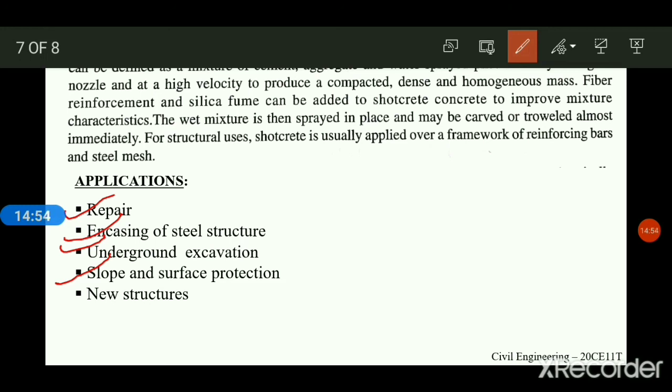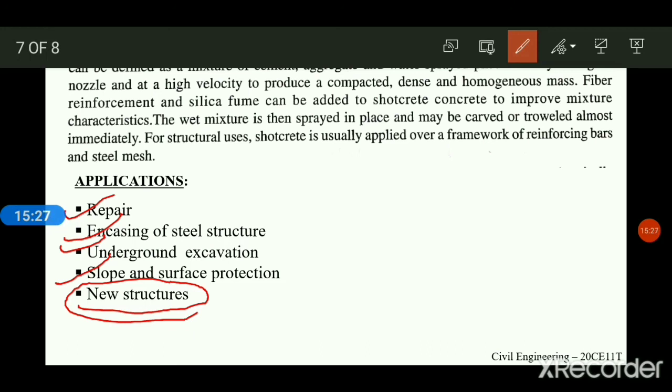It can also be used for new structures, to construct swimming pools, floors, overhead walls, slabs, columns, and other structural members. Also used for a variety of fancy concrete structures, including artificial rock walls, canopy roofs, refractory linings, canal lining, dams, etc.